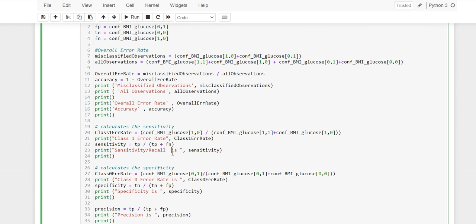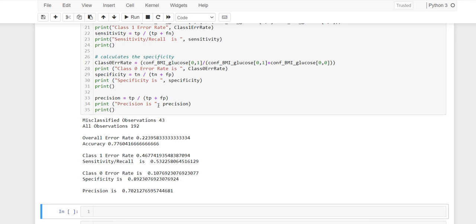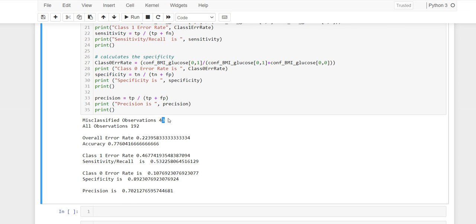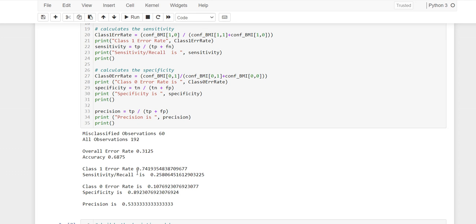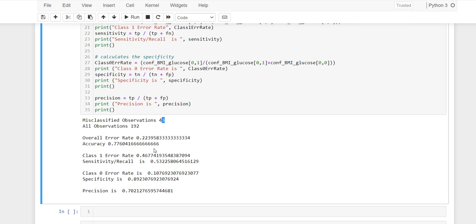So I'm going to go ahead and run this code. And again, as you can see right away, the number of misclassified observations dropped to 43. And if you recall, that originally, that value was 60. And my class 1 and class 0 error rates also dropped considerably, which indicates to me that this classification model of two predictors is better than the first classification model that we built with the BMI predictor.